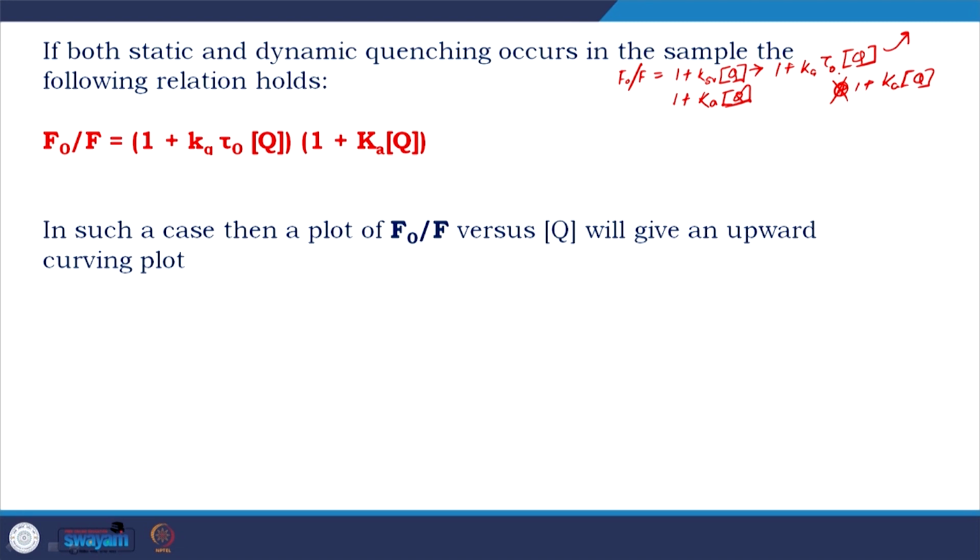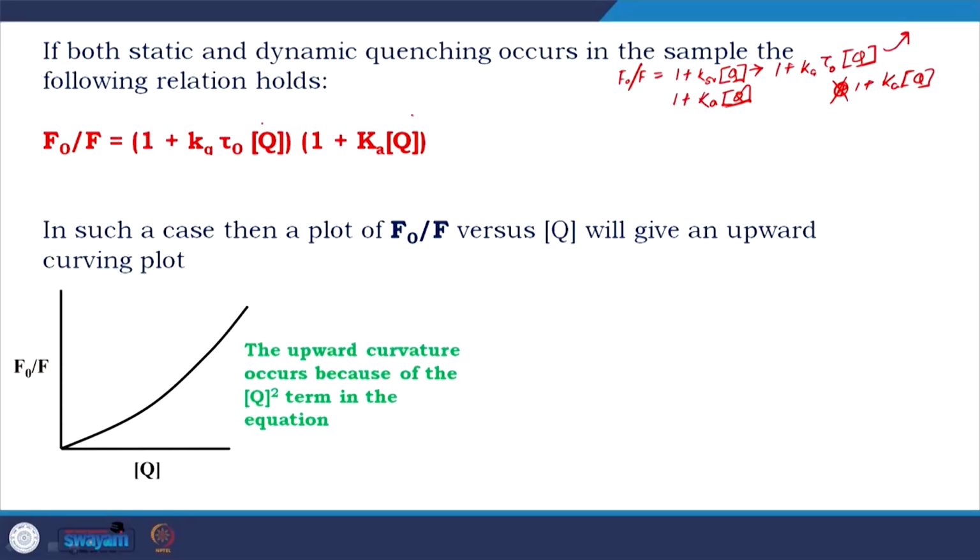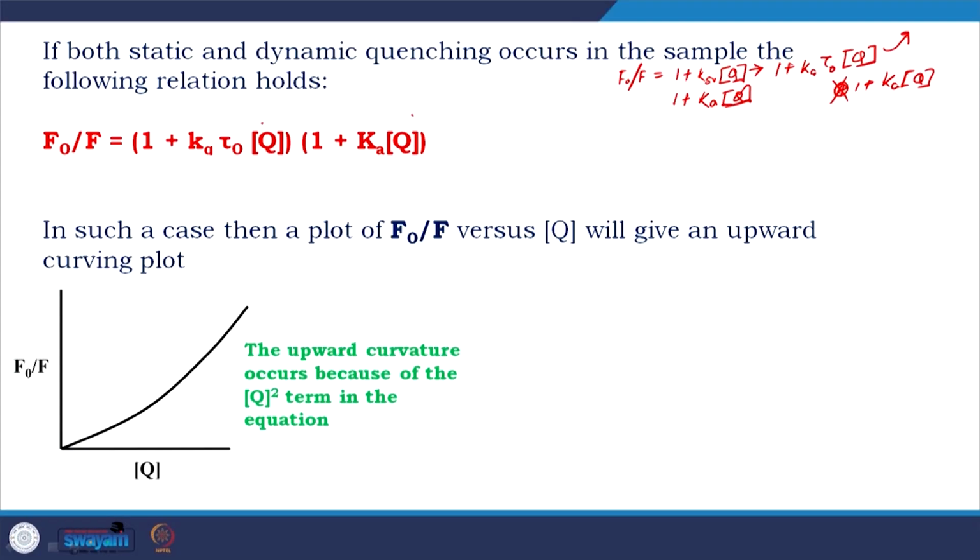In such a case, a plot of F0 by F versus Q will give an upward curving plot rather than a straight one. The upward curvature occurs because Q is present in both factors. So, you are multiplying them, you are getting the effect of Q square. So, the upward curvature occurs because of the Q square term in the equation.